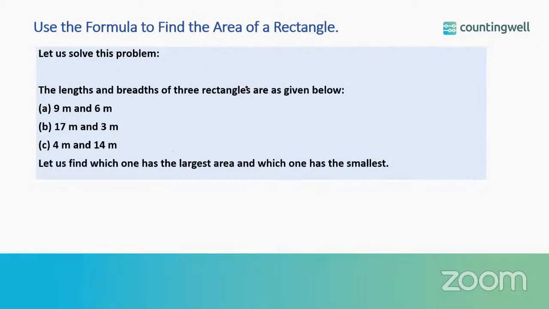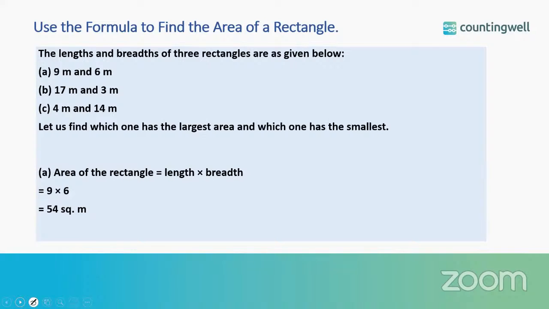Now let us solve this problem. The lengths and breadths of three rectangles are as given below: 9 meters and 6 meters, 17 meters and 3 meters, 4 meters and 14 meters. Let us find which one has the largest area and which one has the smallest. For this, what we have to find first, we have to find the area of these three rectangles. Now, area of the rectangle is length into breadth, which is 9 into 6.